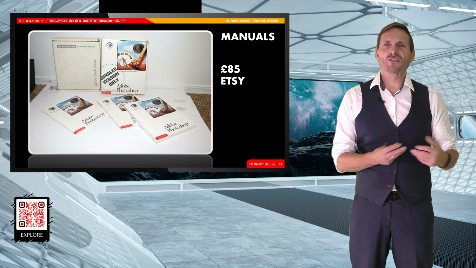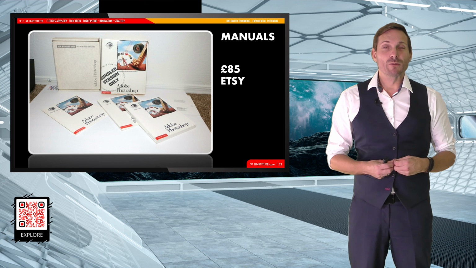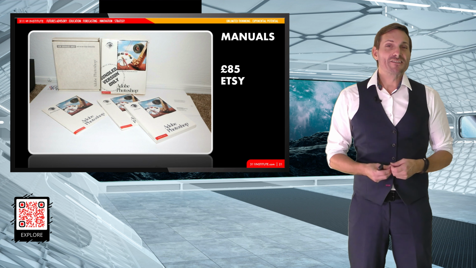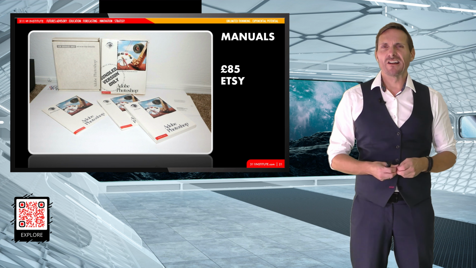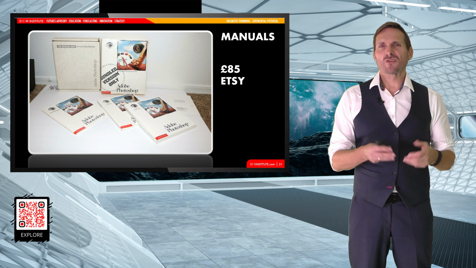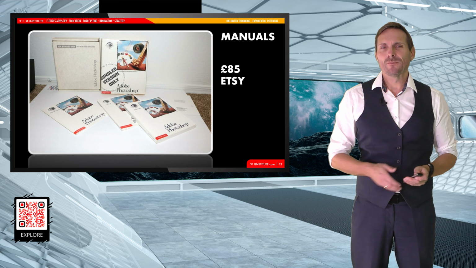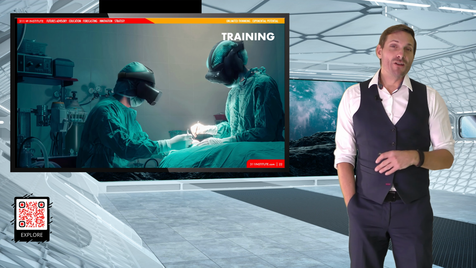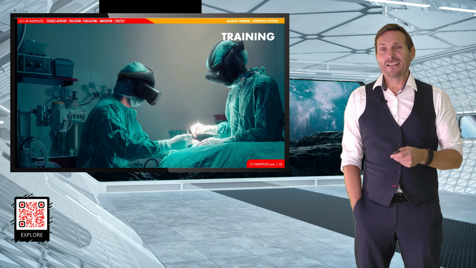So if I want to learn how to use Photoshop, for example, as many of you probably use some of these products, it simply walks me through using a video, or it walks me through on the website. Again, different kind of documentation, but the documentation is not a traditional document. It isn't a traditional PDF any longer. And you can buy those manuals from Etsy for £85 if you want to buy one.